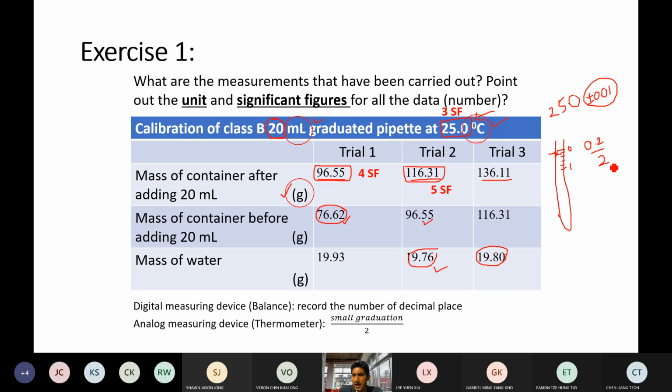So for our analog thermometer, our tolerance will be plus minus 0.1. Plus minus 0.1 for our analog one, because it is not given there, it is not written there, so we have to find it out. But sometimes on the analog thermometer as well, it will be written that this thermometer works at 20 degrees plus minus 0.1, something like that. So yeah, we can use that one as well. But if it is not written, then this is our formula to find out what will be the tolerance for that instrument.